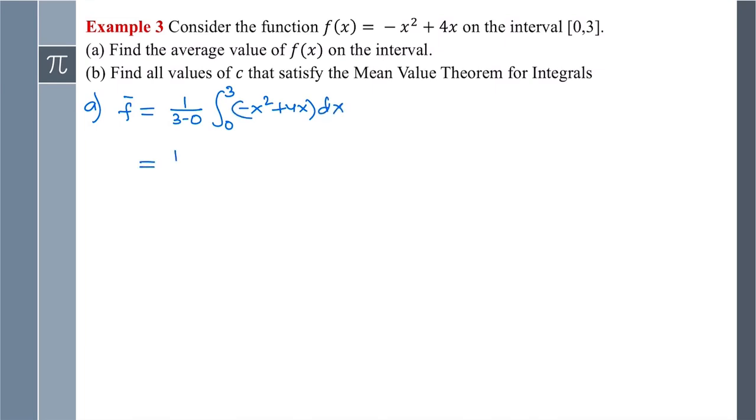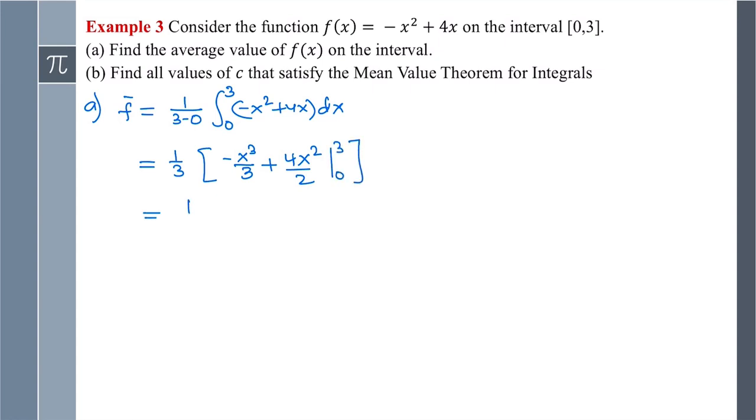Now this equals 1/3, and the integral of negative x squared is negative x cubed over 3, plus the integral of 4x, which is 4x squared over 2, and then we go from 0 to 3.